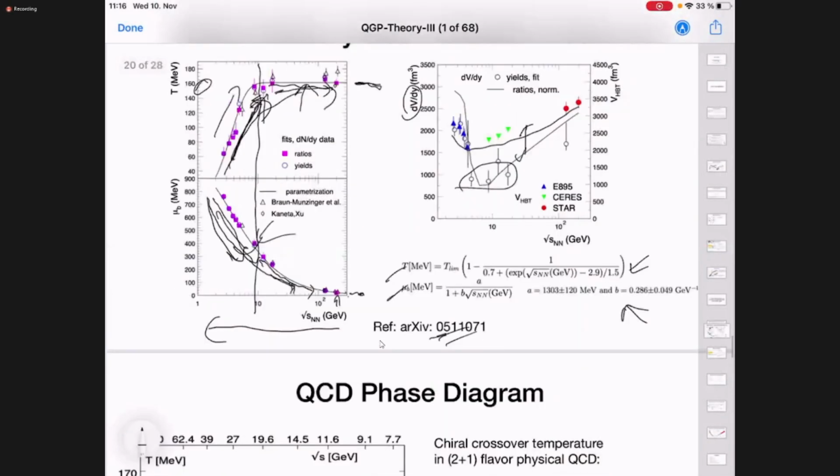That's how we understand this within the framework of the hadron resonance gas, right?